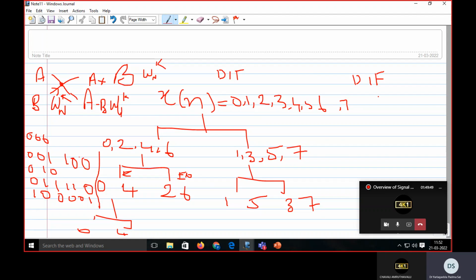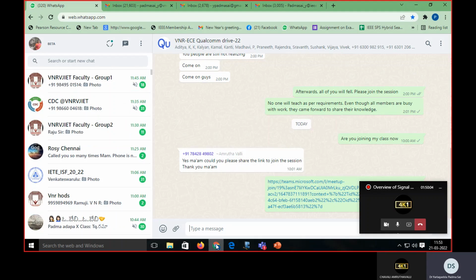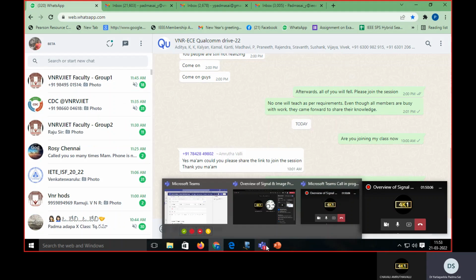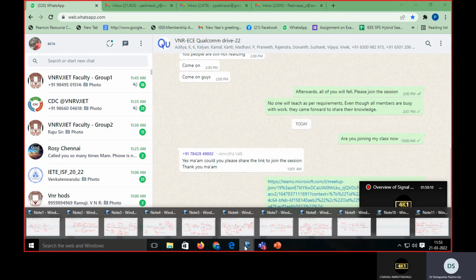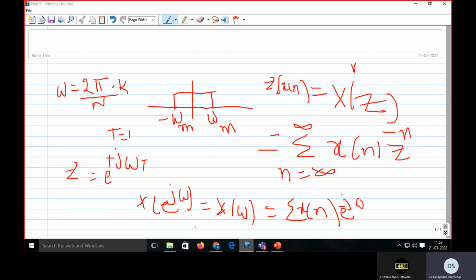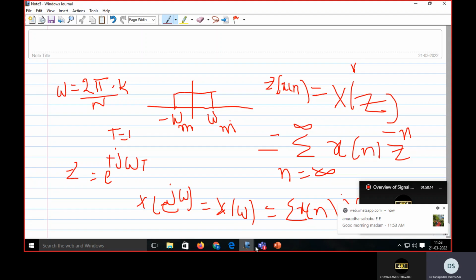In DIF, it is the same as the FIR linear phase logic. Initially you have the same equation, the DFT equation, as I showed previously.